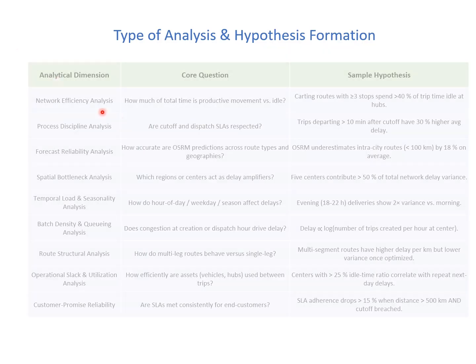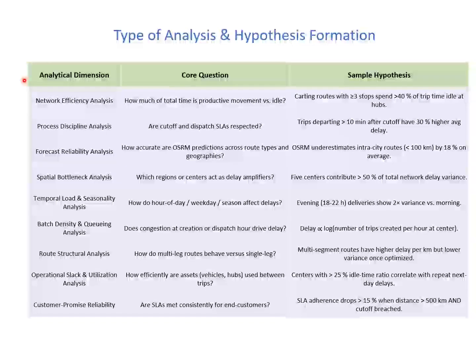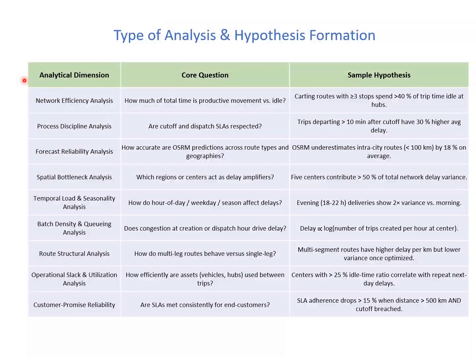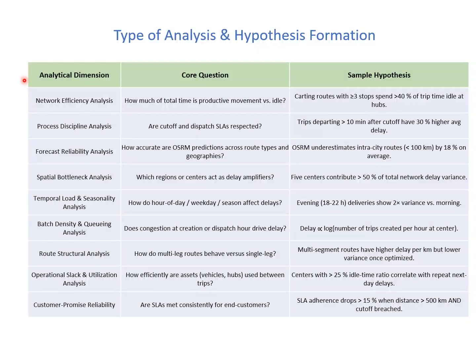Now that we know the term definitions, the broader category in which each term belongs, the systems mapping, and the expected KPIs and features that would make sense, let's look at various analyses that we can do and how we can frame our hypotheses to get answers from this data. What I've done here is curate a list of all dimensions that would make sense in a network or transportation related problem.